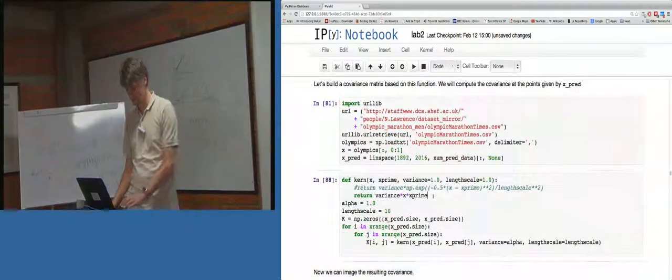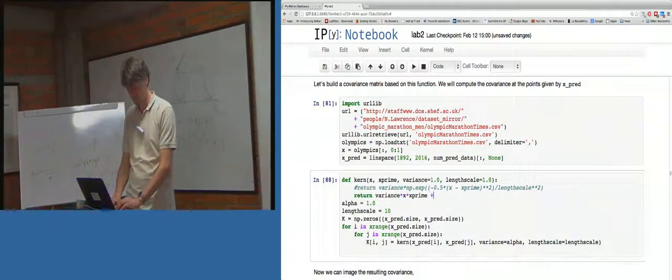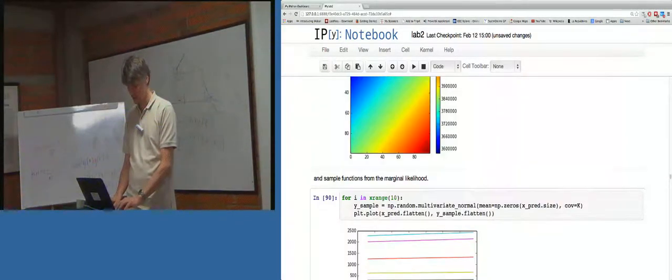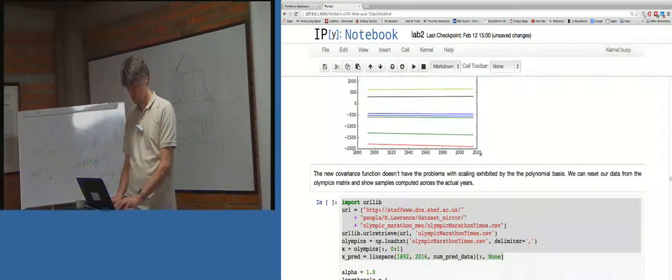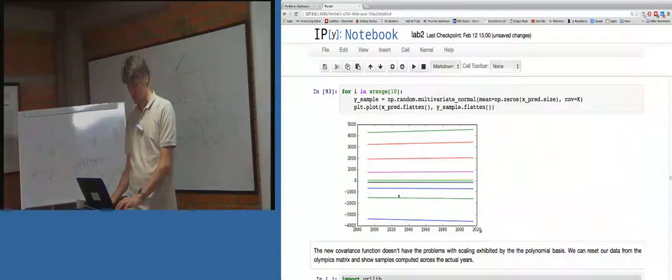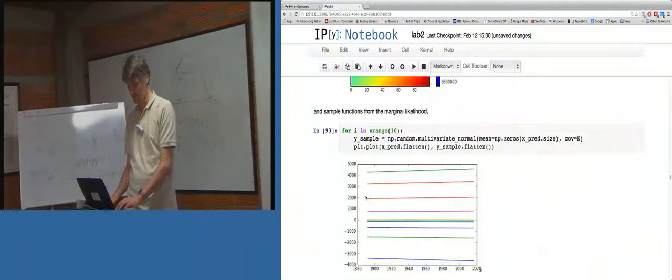So the bias term would allow these lines to be no longer centered.